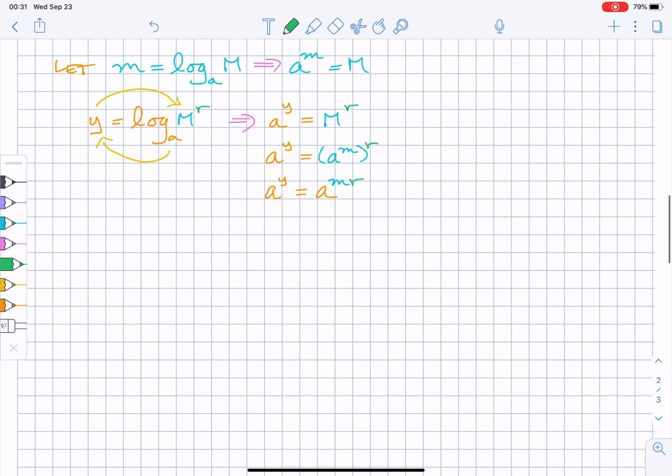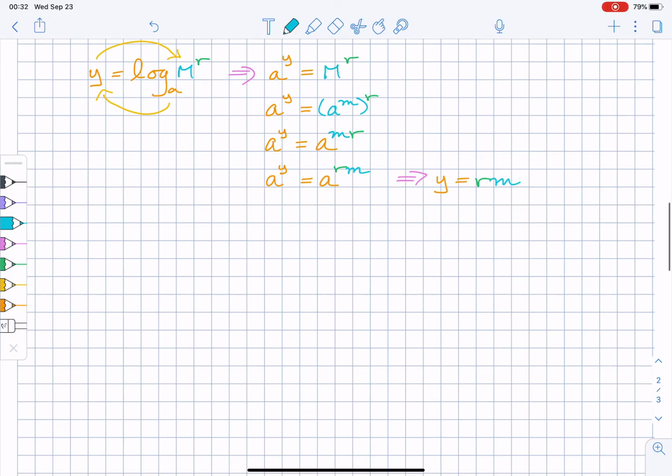But much like 3 times 5 is 15, 5 times 3 is also 15, so the order doesn't matter. And for this problem, let's just go ahead and put r times m. You'll see why I'm doing this in a moment. Because now, if the bases are the same, I can equate the exponents. It must be the case that y is equal to r times m.